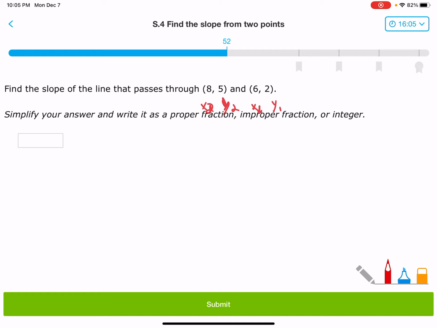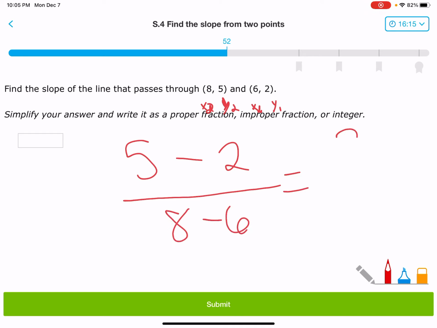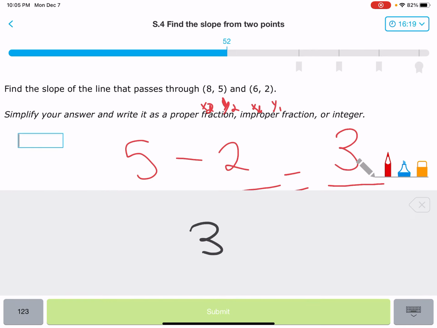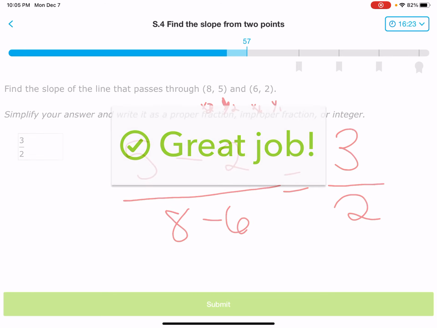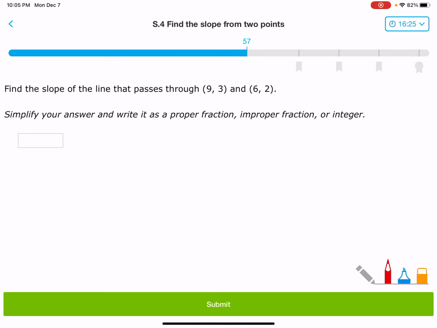So let's try it this way: 5 minus 2 over 8 minus 6. We still get 3 over 2. So both ways work. You just have to make sure that you're starting with one point and ending with the other point.